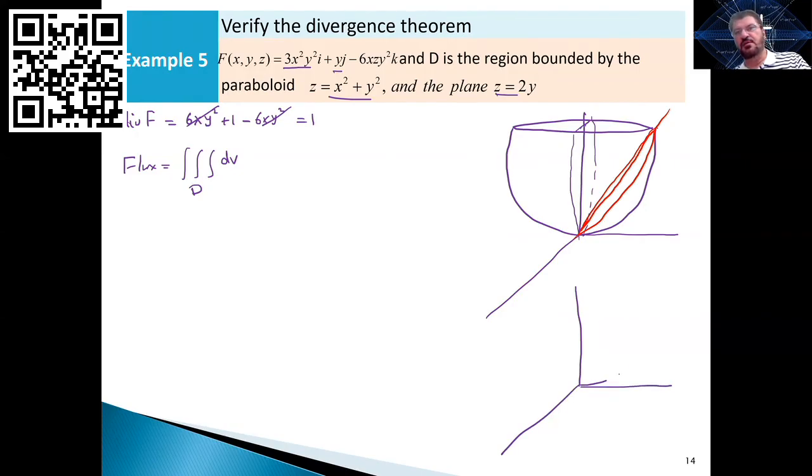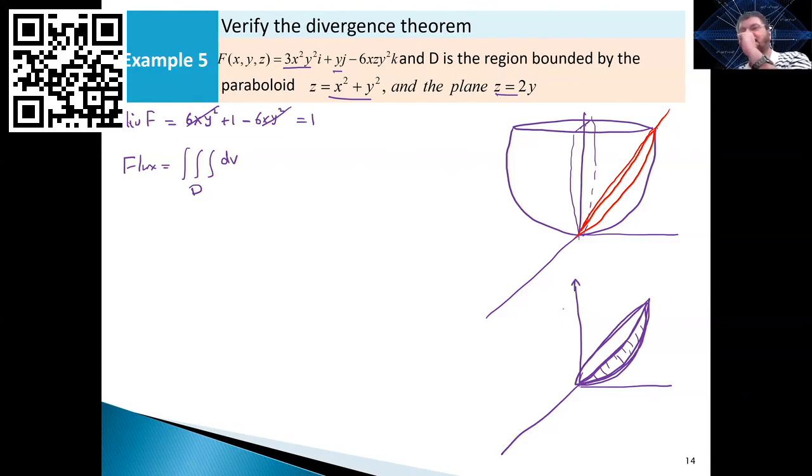It's the paraboloid, and here that's the upper face of it. See? And this goes like this. See, this is the shape. It's like a cup being held.